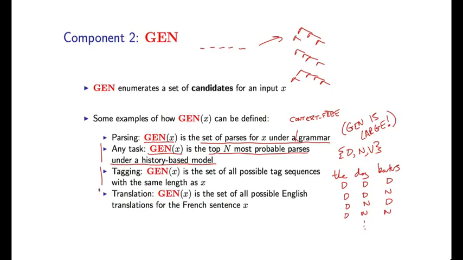And finally, in a translation setting, gen x might be the set of all possible English translations for some French sentence, maybe all possible translations, for example, under a phrase-based lexicon with some particular distortion limit. But abstractly, the important thing to remember is that gen, in general, is some way we have of enumerating a set of candidates for an input sentence x.